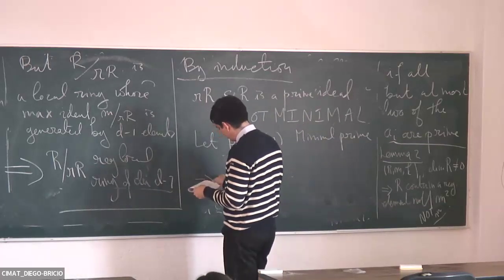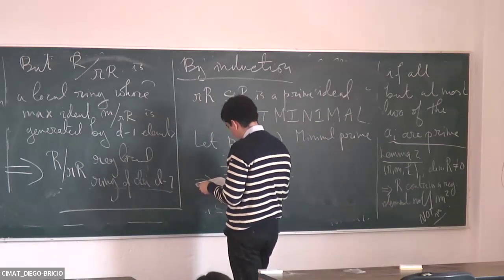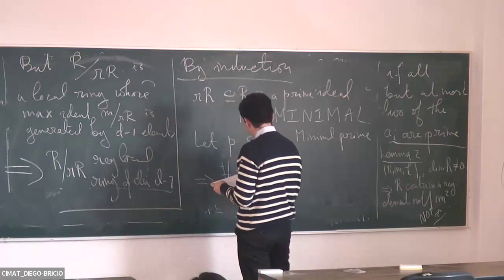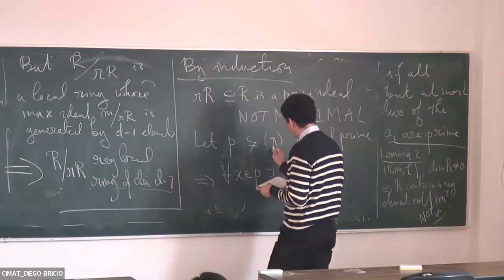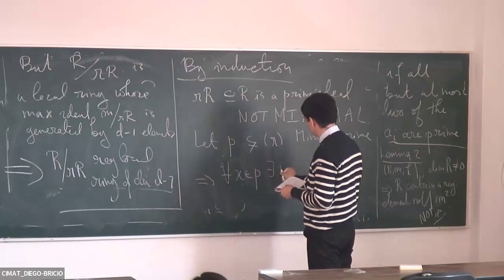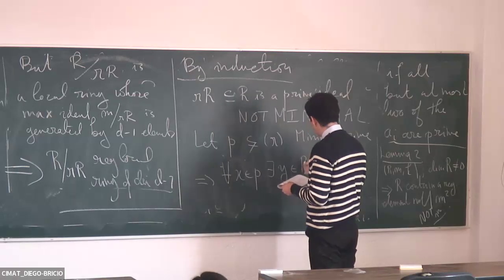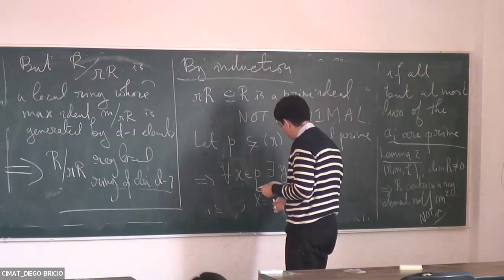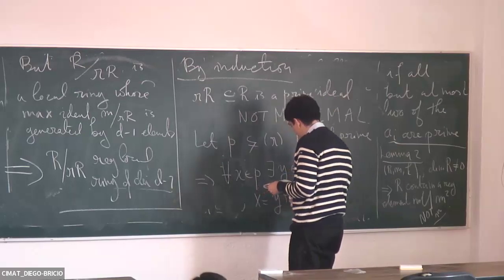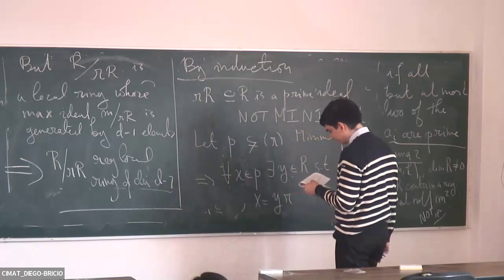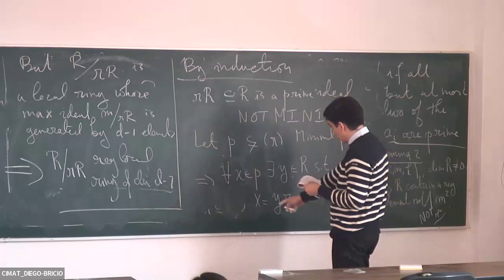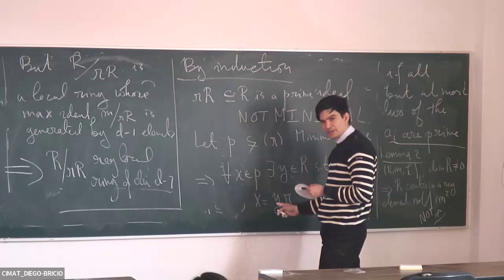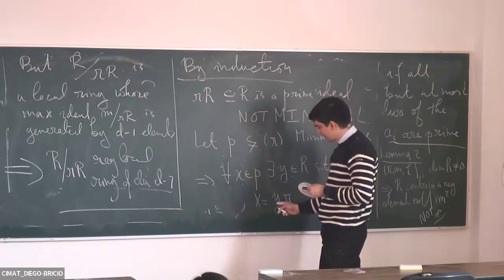So this means that if we take X in P, there exists Y in R such that X equals Y times R. But R is not in P, so this forces Y to be in P, right?